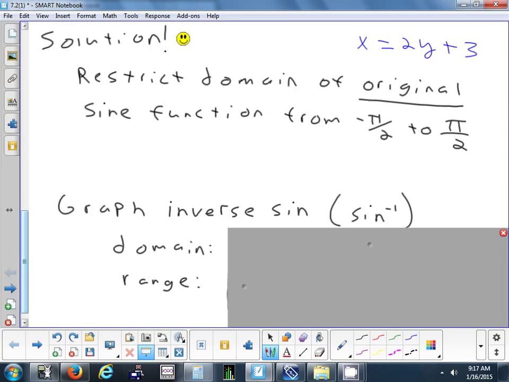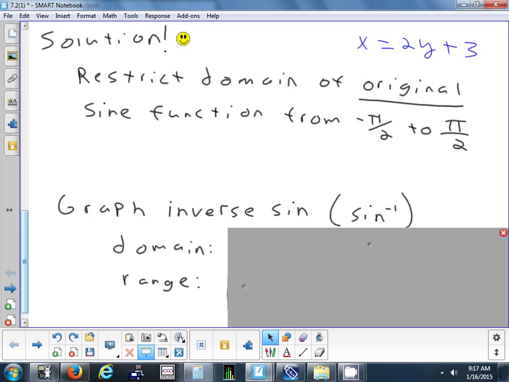Yeah? Does the domain become the new range? Yeah, the domain of the original becomes the range of the inverse. Okay? Because x's and y's are switching. All your x's become y's, all your y's become x's. So your domain of the regular sine function, which we just limited because we had to, is going to become the range of inverse sine.